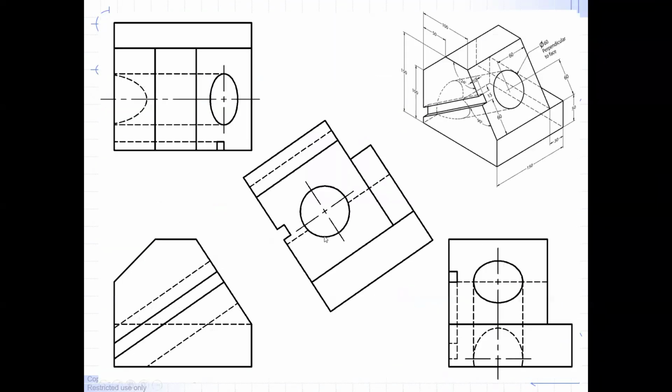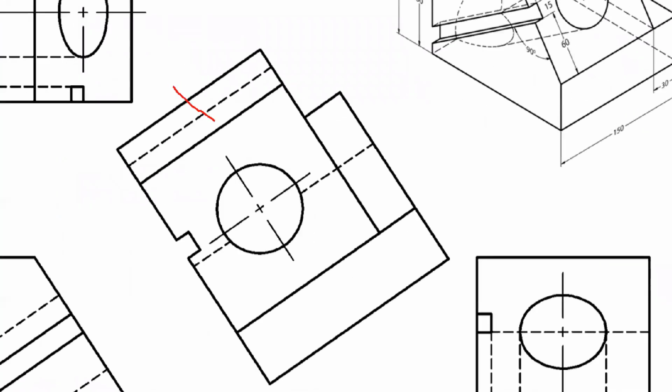So when we project all this out, if you take everything along, you get something like this. One of the things that I want us to do for this class and for the majority of your studies here is when we create an auxiliary view, we are only worried about that inclined face. So what that means is I don't want to include this, right? I don't want to include this. I don't need this hidden line anywhere.